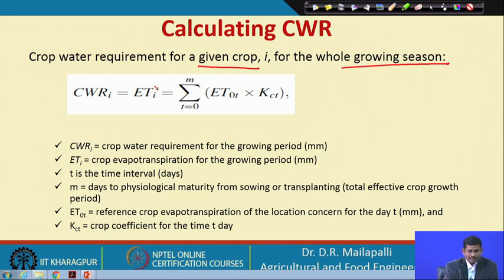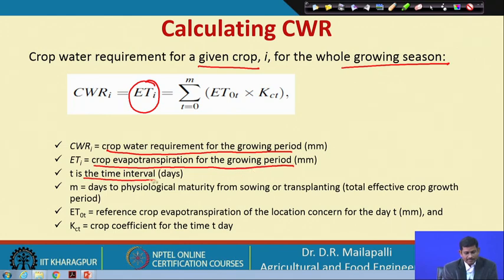So this is ET_I, where I indicates the crop water requirement for the growing period, the crop evapotranspiration for the growing period. t is the time interval, where t is equal to 0 to m.